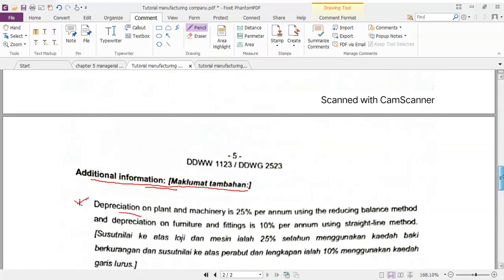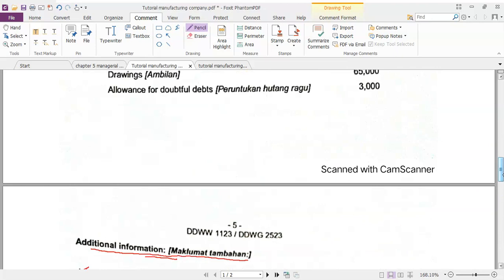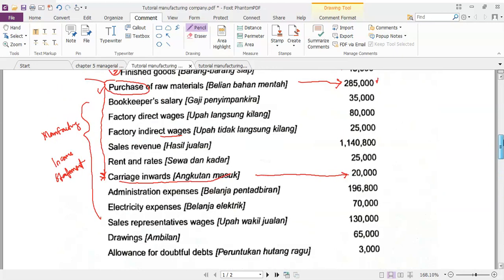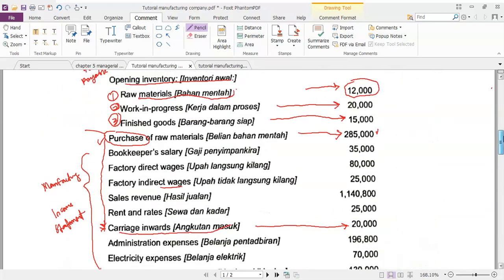So before that, let's look at whether there is any direct labor in the list of account. Can you find out, my dear, which one is our direct labor or direct wages? Wages and labor is the same thing.